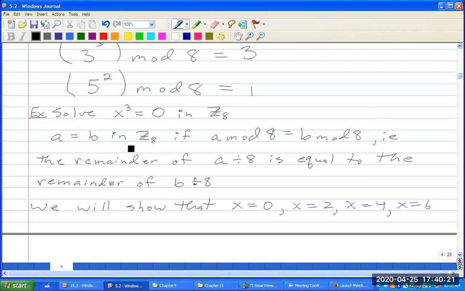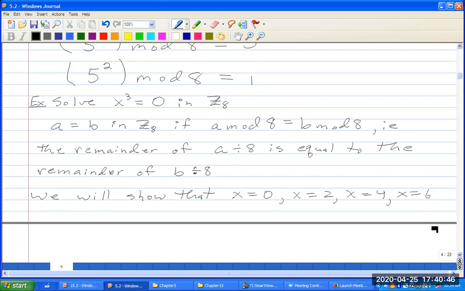In other words, the remainder of A divided by 8 is equal to the remainder of B divided by 8. We will show that x cubed equaling 0 has roots x equals 0, x equals 2, x equals 4, and x equals 6. It has 4 roots.